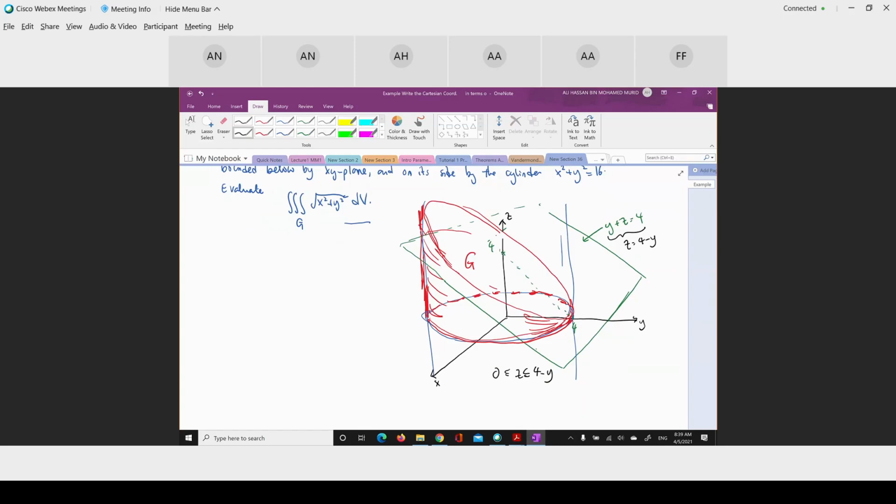If we try to evaluate this triple integral in terms of Cartesian coordinates, it will have a more complicated form.